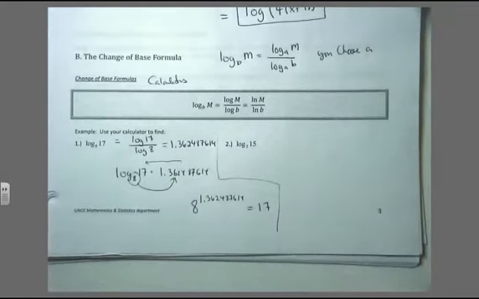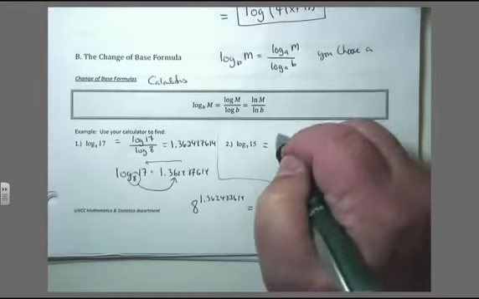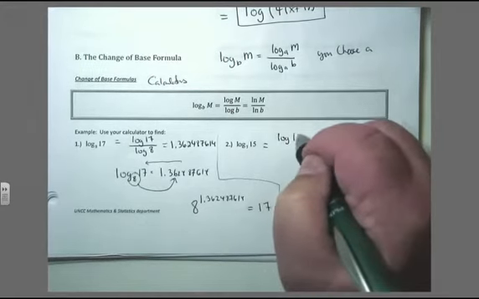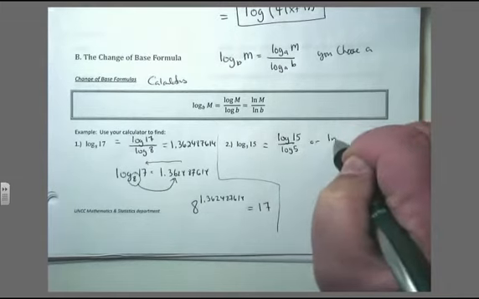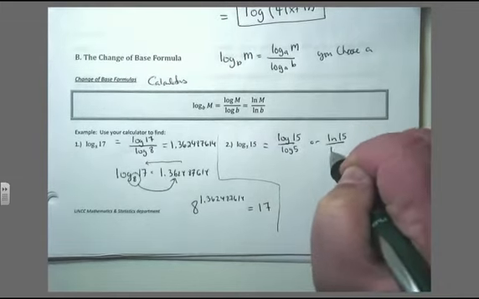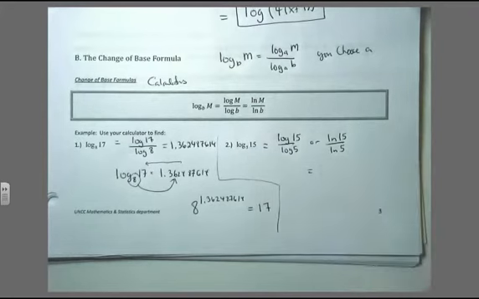I want you to calculate for me what the log base 5 of 15 is. In other words, 5 raised to what number is going to be equal to 15? Well, to calculate the log base 5 of 15, I'm going to use the change of base formula. This will be the log of the original function over the log of the original base, or I could use the natural log of the original function over the natural log of the original base. And tell me what you get.